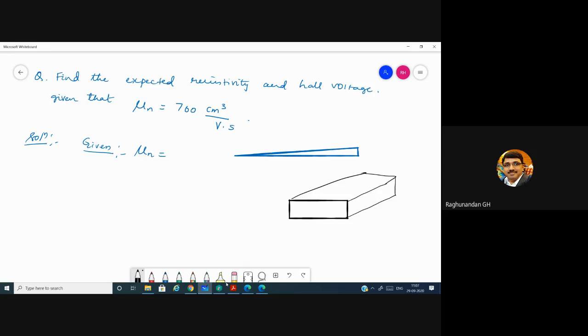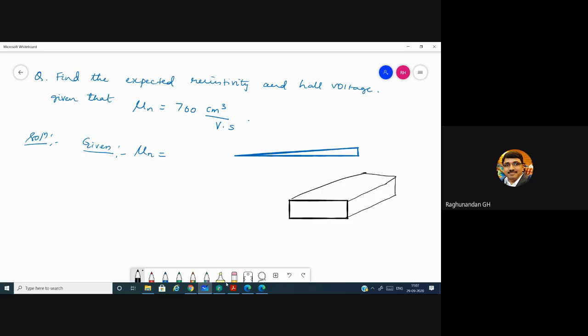So how you have to analyze the question: they have given expected resistivity and Hall voltage. This resistivity and Hall voltage is applicable for both, whether you take a P-type material or N-type material.